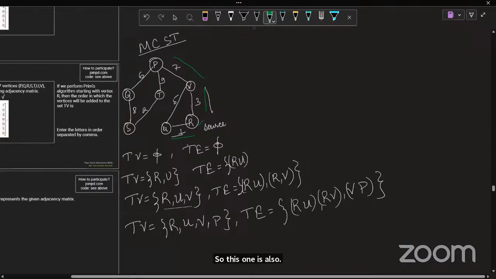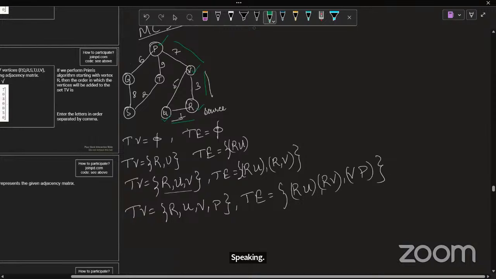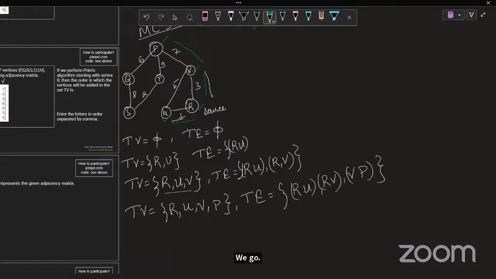We have done with this vertex, this edge, this vertex. Now you have to choose another one. In P there are two choices: either PT, that is 9, or PQ, which is 6. So you will choose the minimum one, PQ.